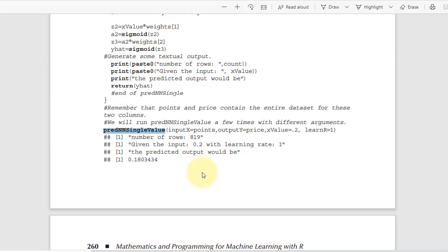Each time we run it, it's going to hopefully improve our network, improve our weights, so that they're better and better at predicting. But anyway, we have this function which does that.